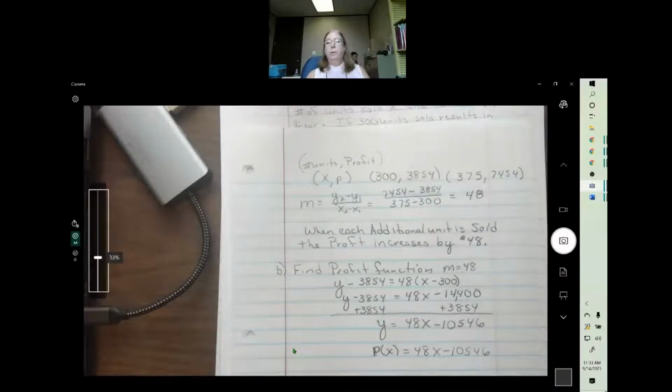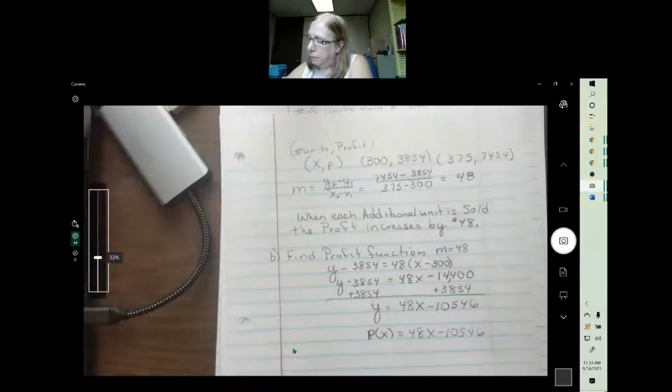So that means when x is 0, if no units are sold, we're in the hole $10,546, or we owe $10,546. We're in the negative $10,546. Any questions on the y-intercept? So it's because it's a negative, that means you're at a loss of 10,546, or you still owe it.